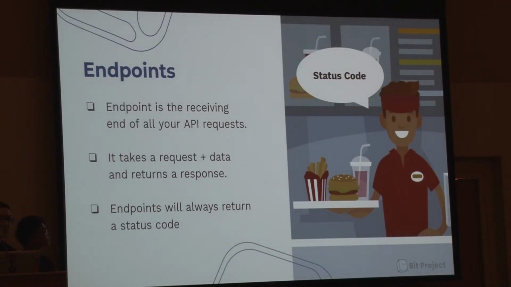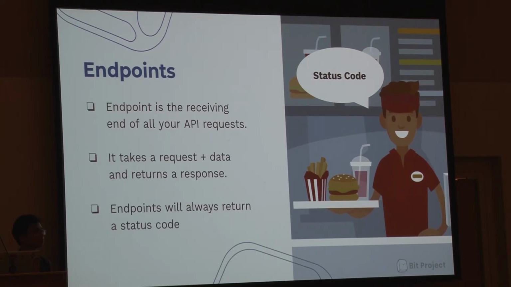So I've used this term endpoints a little bit, and I'll briefly describe what that actually means. Endpoints are the receiving end of all your API requests. The endpoints in the API take a request, and if you want data, it returns a response. Going back to that drive-thru analogy, you're pulling up to the drive-thru window, you've already paid, and the server gives you your food and tells you that everything went well, right?